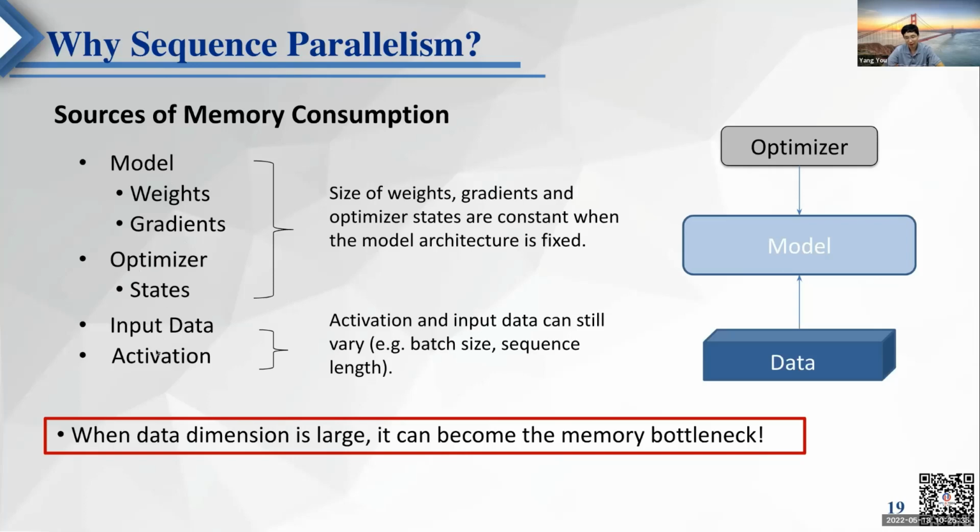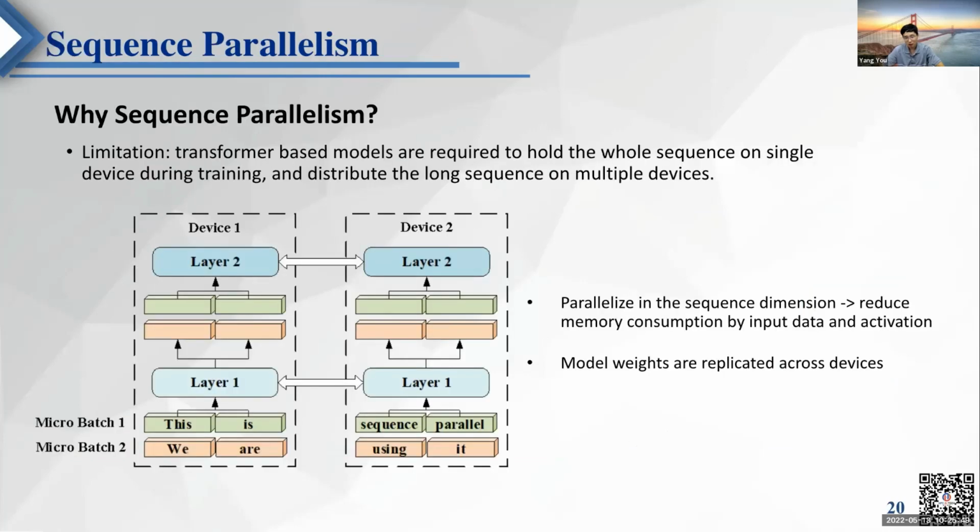And also you have activation. So that's why we also need to partition the input data. It's very necessary in the future, especially when your model is huge and also your sequence is very long. However, what's the concern here if you partition the sequence?